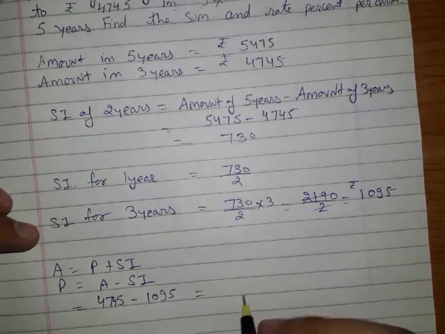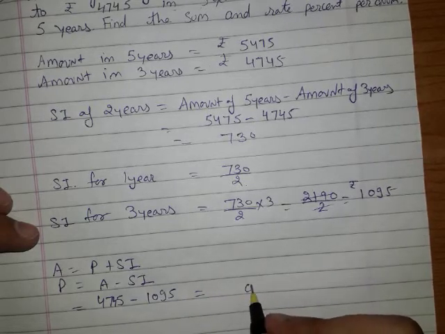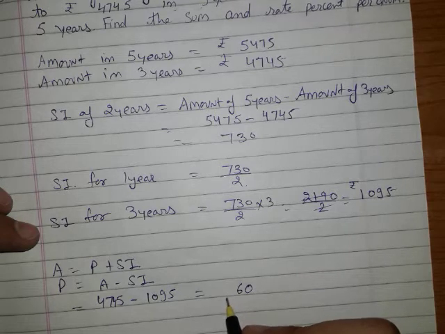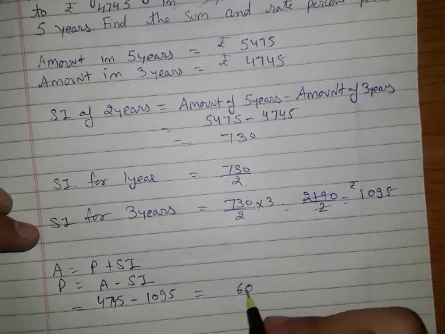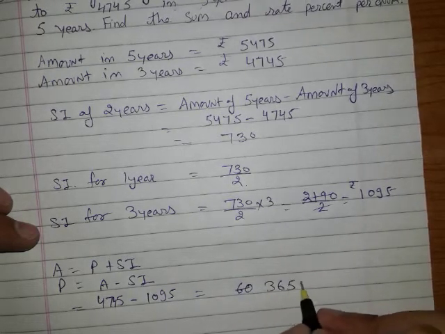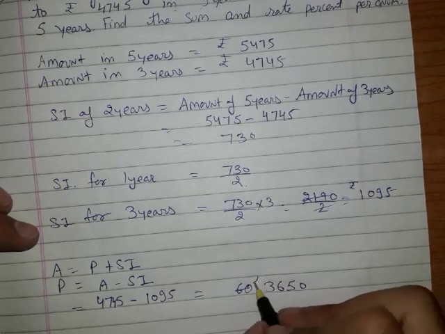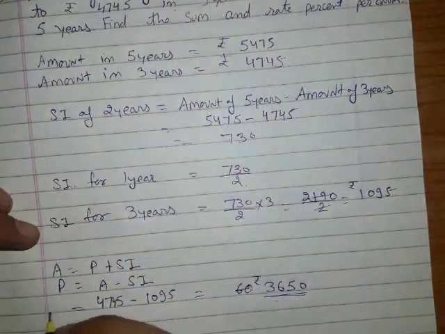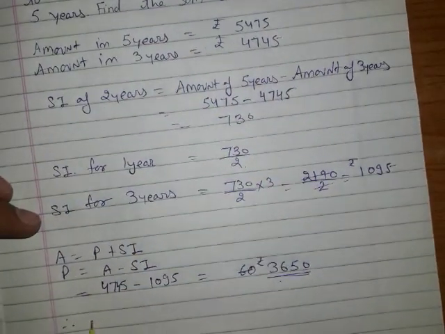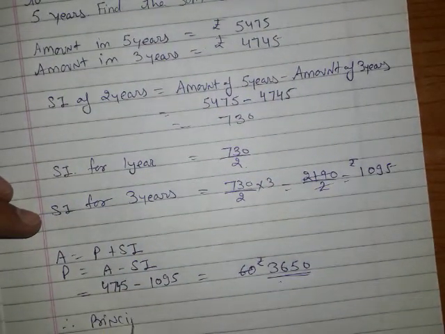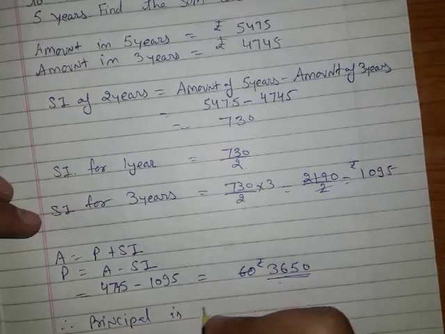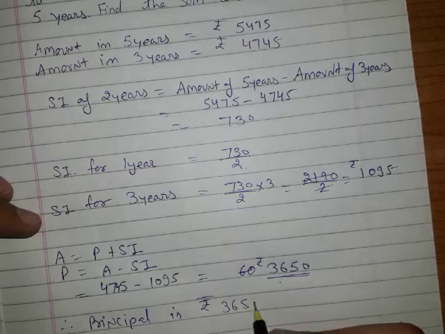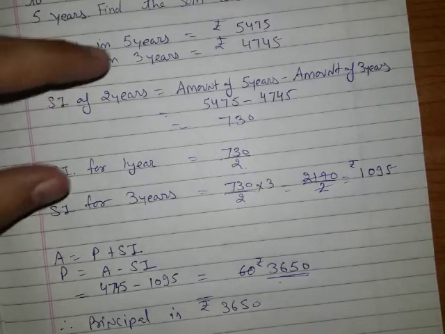If you subtract this, it will come 3650. So this is the principal amount. Hence principal is rupees 3650.